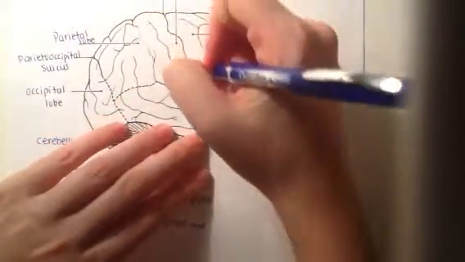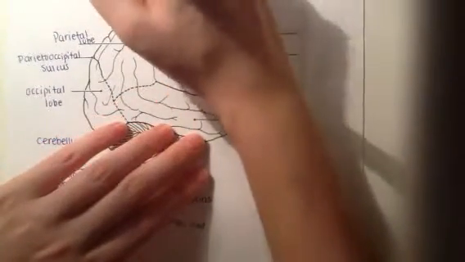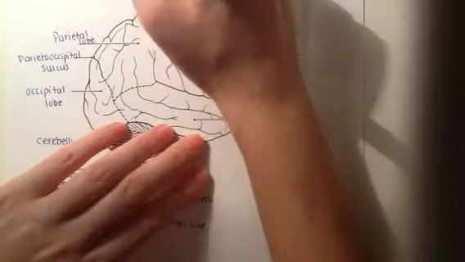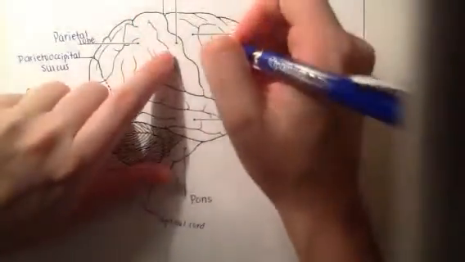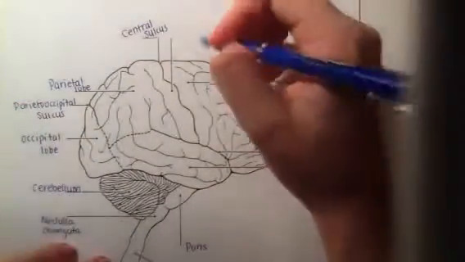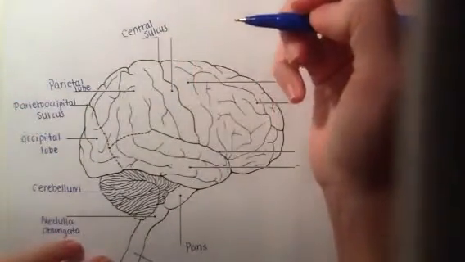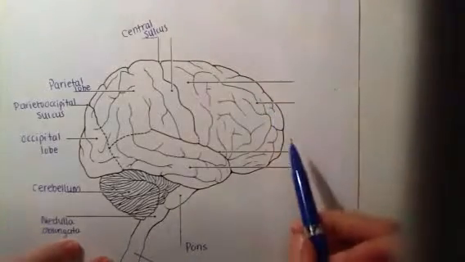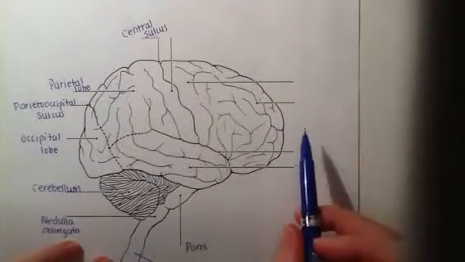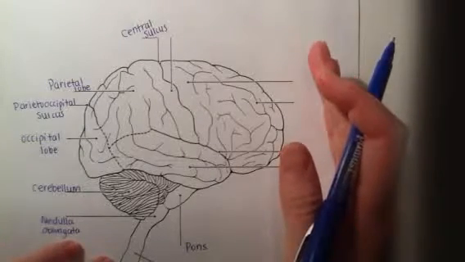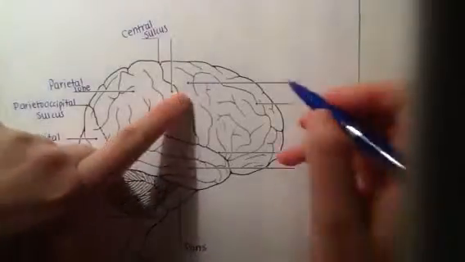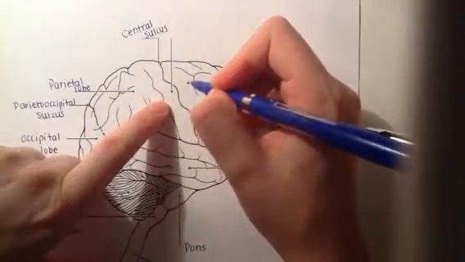Running down the brain is this central sulcus. We have our pre and our post central gyrus. Since this is the more anterior portion of the brain, this is the front of the brain, this would be your pre-central sulcus. This would be your post-central sulcus.